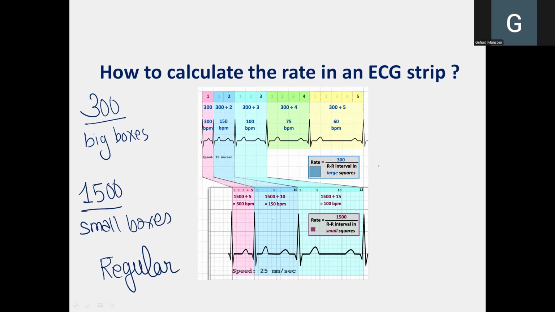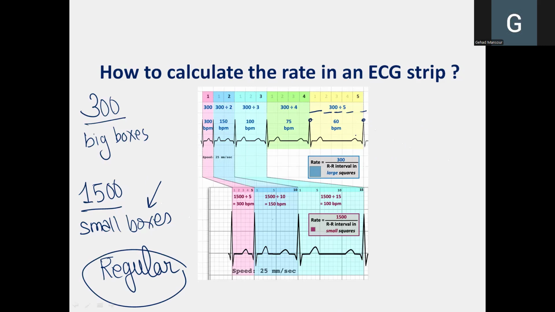Now we said that both methods are used for a regular heart rate. But why would I use this method, which is relatively more difficult, and not use that one? Because sometimes the distance between the two peaks of the R waves is not an integral number of boxes.